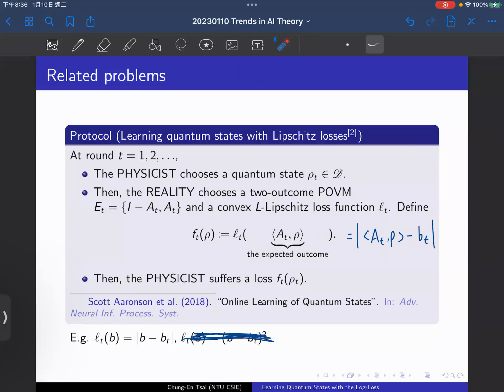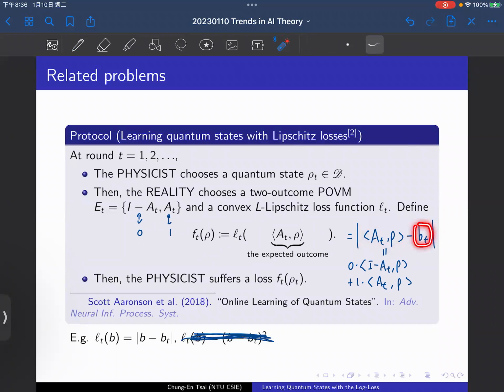This inner product can be interpreted as the expected outcome. Why is it the expected outcome? This corresponds to 0 and this corresponds to 1, so the expected outcome is 0 times the probability of observing 0 plus 1 times the probability of observing 1. So this value is the expected outcome.